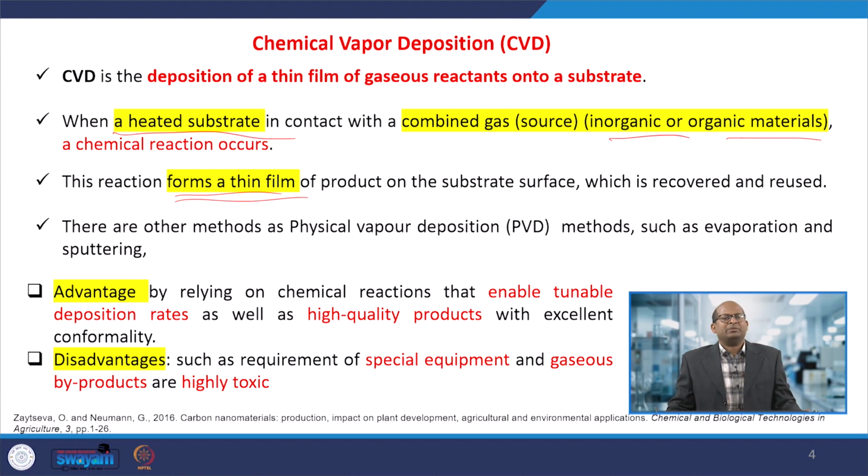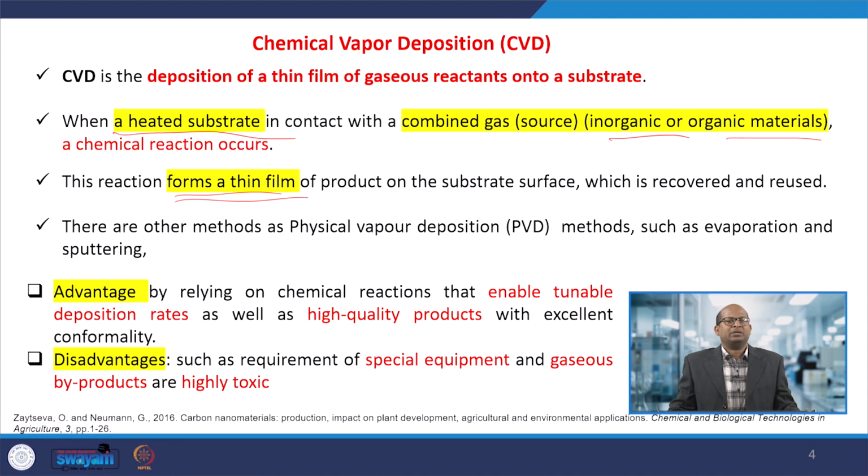There are also some disadvantages when these reactions are going on in the CVD process. The gaseous molecules or inorganic or organic materials are the precursors for this process. When they react with the substrate or catalyst or in the presence of those gases, some byproducts are formed, and some highly toxic compounds are formed.